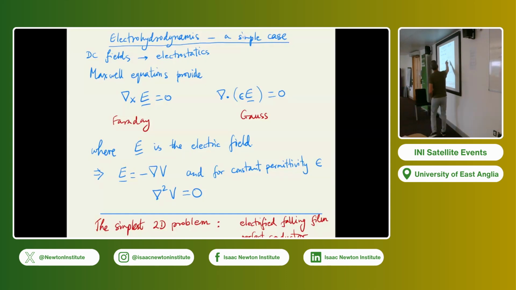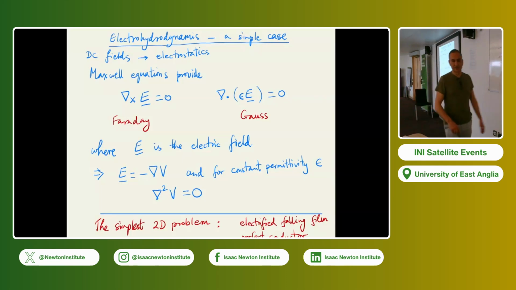Then if epsilon is a constant in different regions, E is minus the gradient of V, so V is a harmonic function, in 3D.